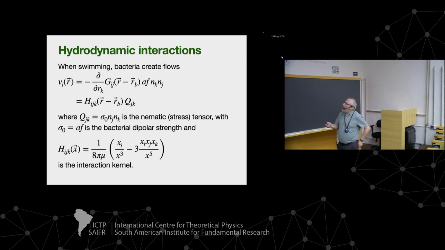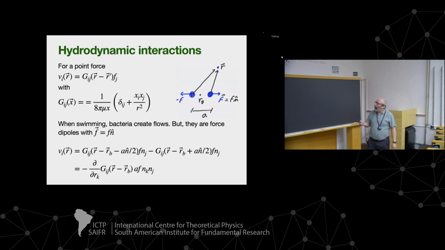Can I ask a quick technical question? Sure. If you go one slide back, your Green's function is 1 over 2 pi mu x. What's x there? Is that R? The G, this x that's down there.